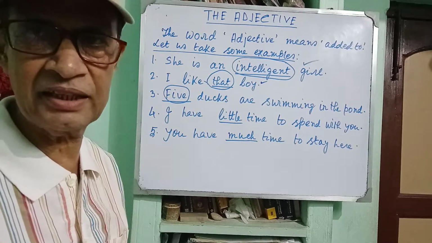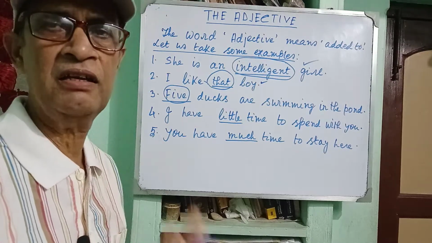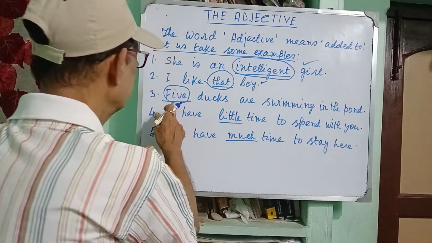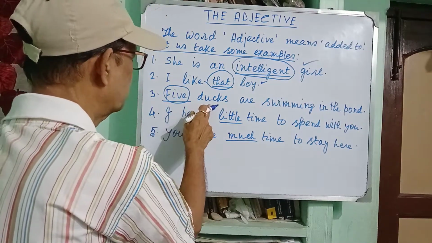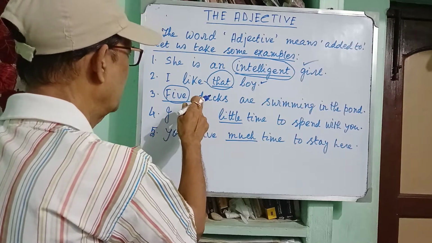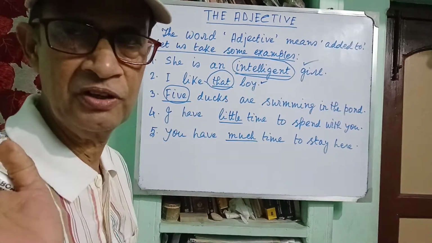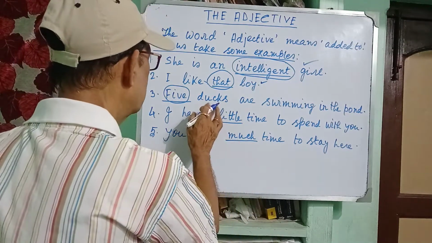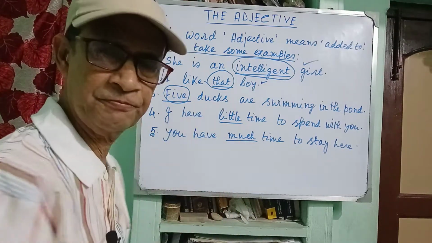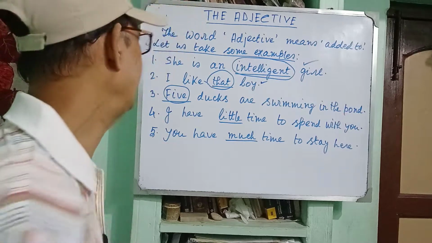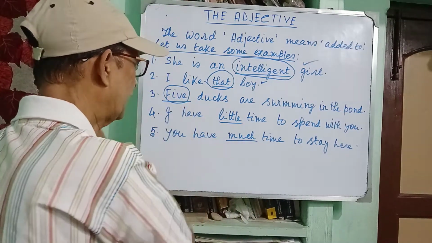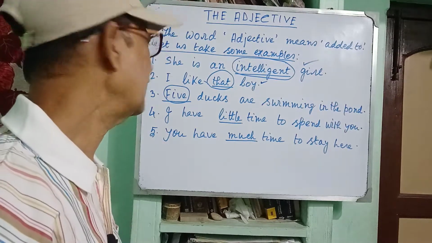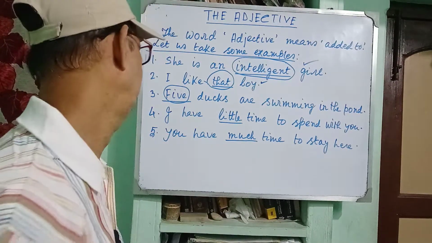There are five ducks in the pond. So it is also describing the noun ducks. Clear? So it is called the numerical adjective. Now let us come to the fourth example.